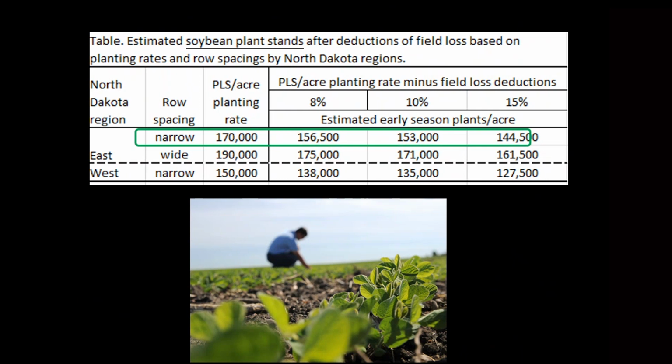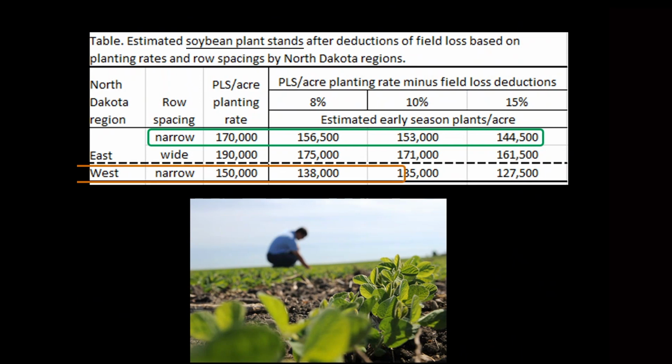In the east, we said narrow rows, 170,000 seeds. If we assume 10% loss, which is probably quite close for most people, but you can go lower if you want, or you can go higher, what's interesting is it's a little over 150,000. That's pretty neat. Hans was pretty quick to point that out after we got through all that data. And that was really a chore. But we got through it, and so our old recommendations really are not that far off at all.